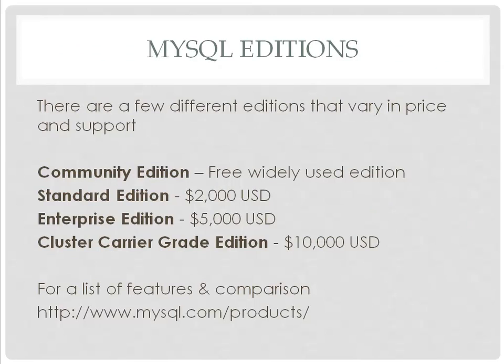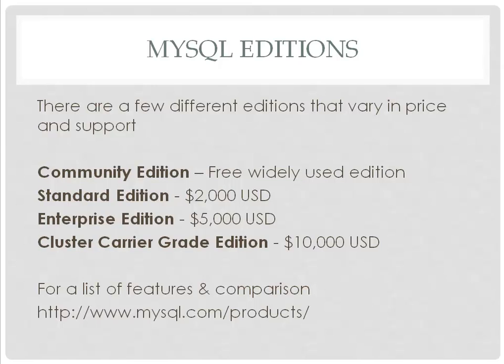Alright, so there's a few different editions, not versions, editions I guess is a better word. We have the Community Edition, which is what we'll be using, which is what is widely used, and that's free and open source. Then we get into the commercial editions, which are extremely expensive, as you can see. The standard edition is 2,000 USD, the enterprise is 5,000, and then the cluster carrier grade edition is 10,000.